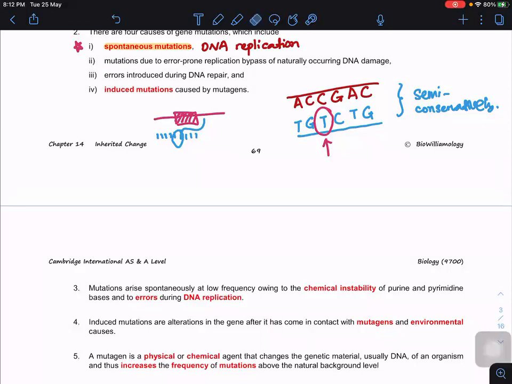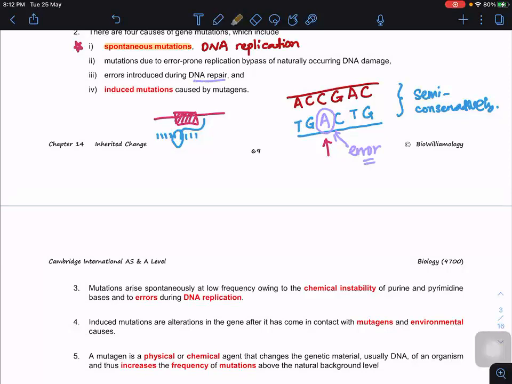For example, in this case, by right, I should remove T and add G. But in the process, an error is actually introduced during the DNA repair. So it means that during repair, we make a wrong one again. Just now, T, by right, should be replaced by G, right? But now it becomes A, for example. So we still get the error. This kind of error is during DNA repair.